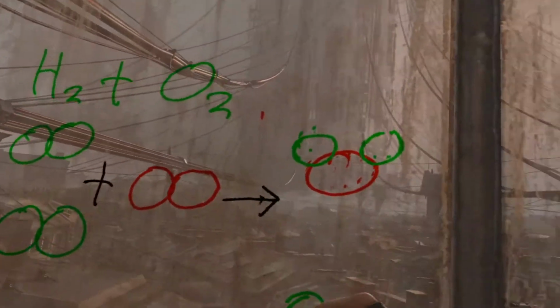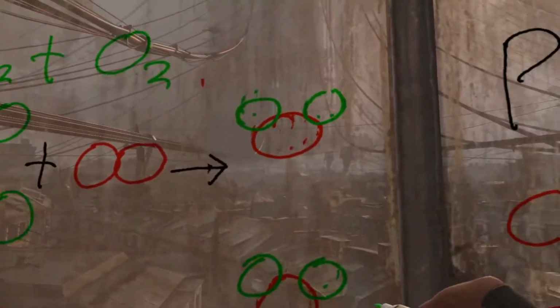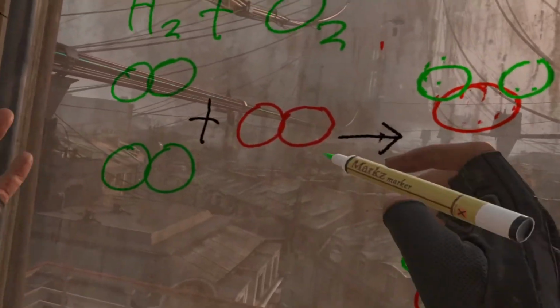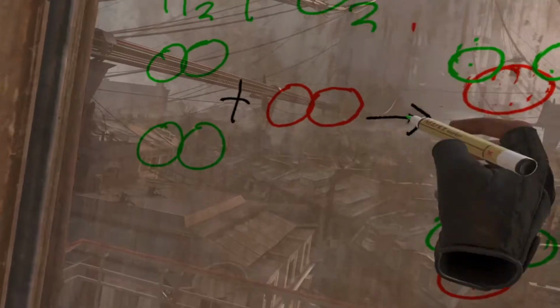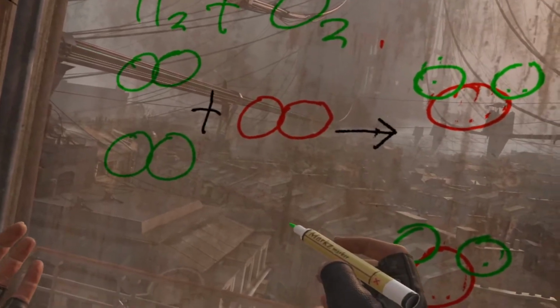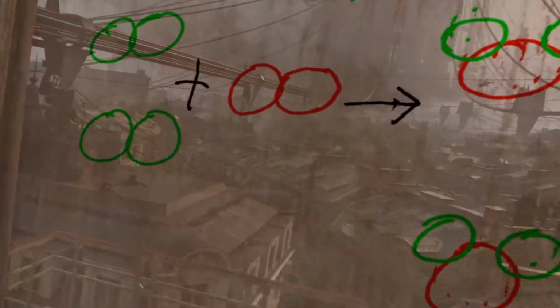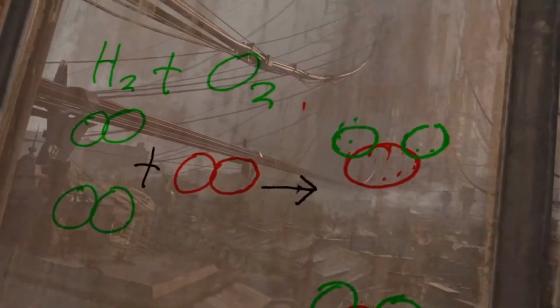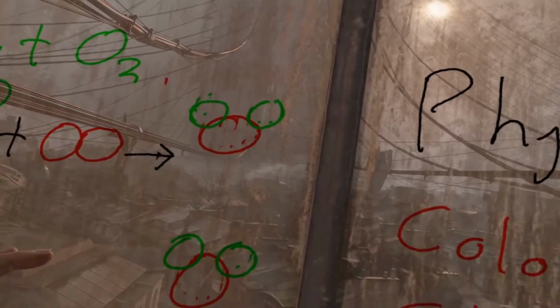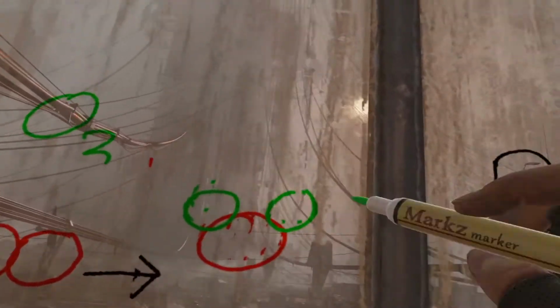What I am then creating after this is water. So I am fundamentally taking these molecules here, I'm mixing them all up, swapping them all around, and I'm making something fundamentally different over here.